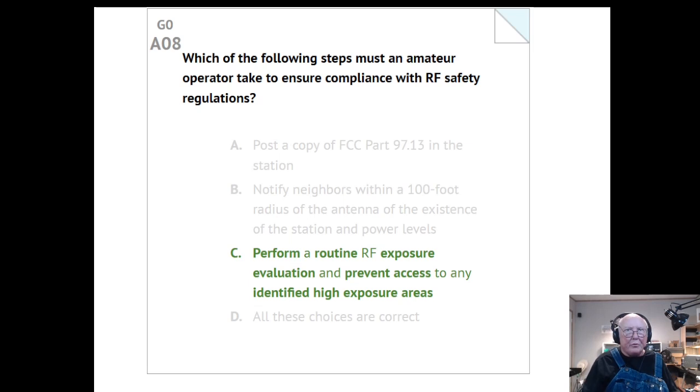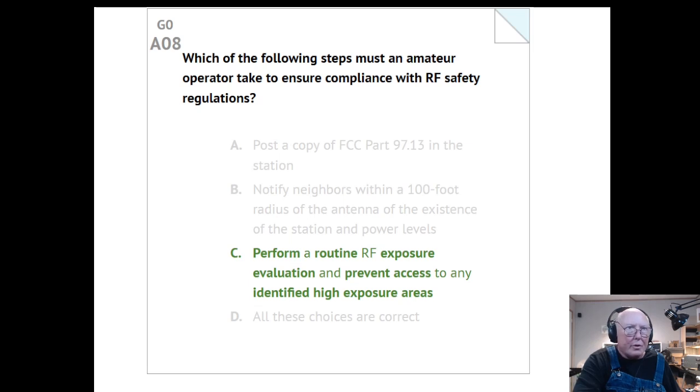It prevents people from damaging them, being malicious and destroying them, but it also keeps the general public from walking into an RF field. So it's a twofold purpose.